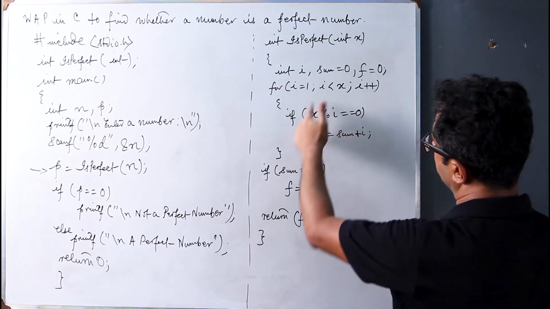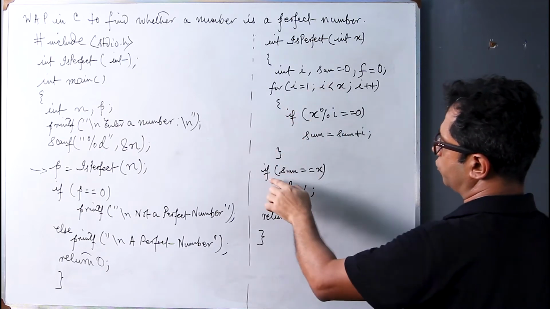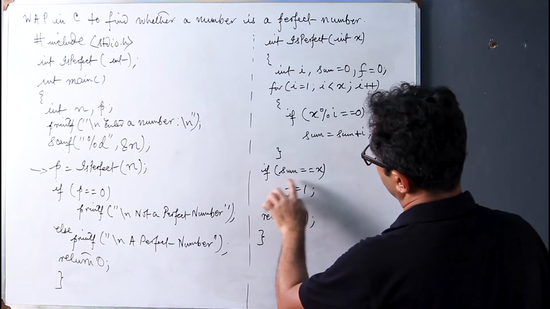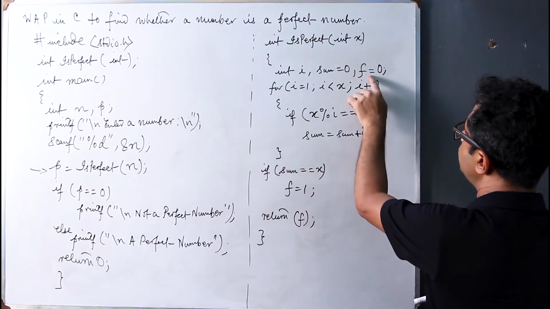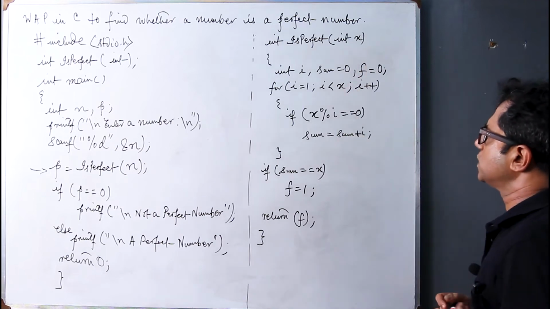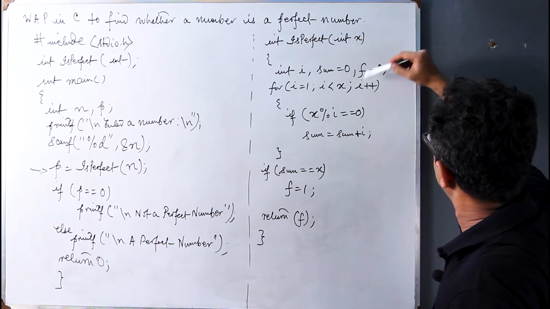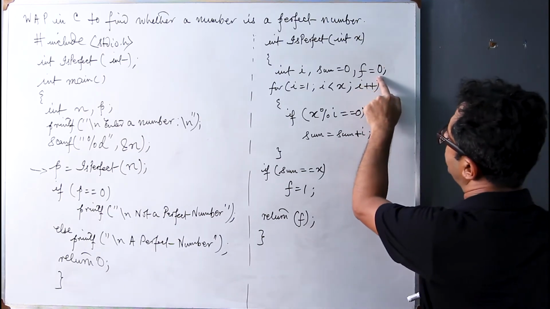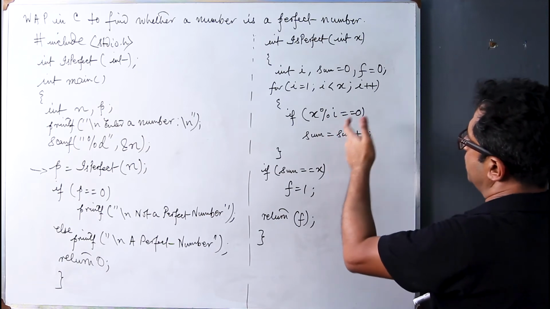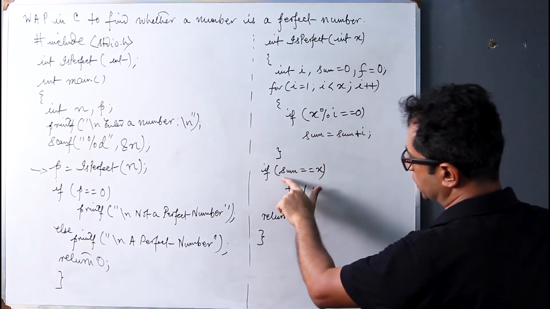In this way, the iterative process goes on, and when we come out of the loop, we check if sum equals x. Suppose f is a control variable, like a flag variable, which we have initialized to 0.